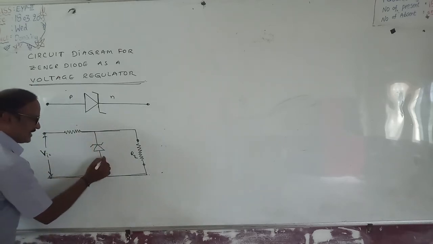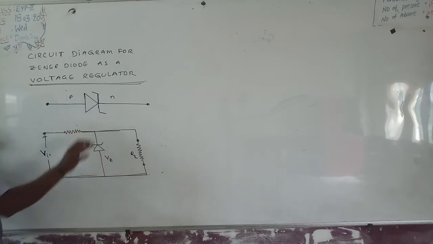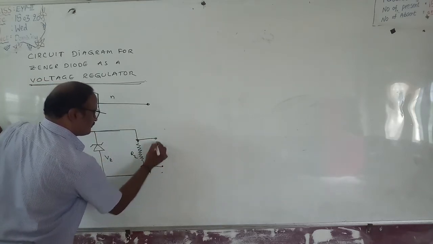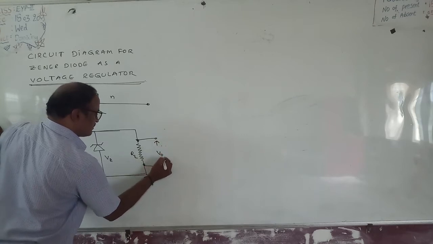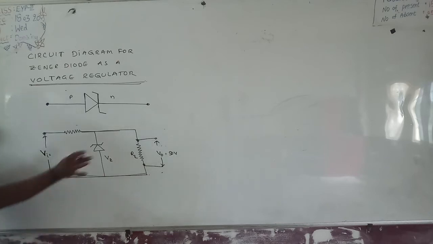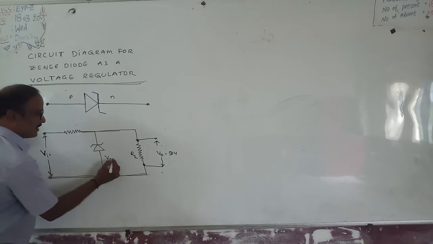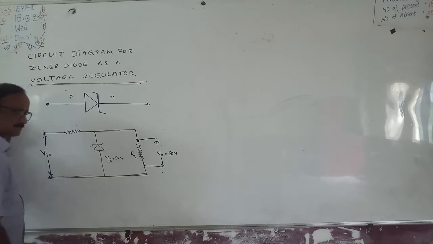Zener breakdown voltage is equal to Vz. For example, let the output across the load resistance be V naught. Suppose we have an output of 50 volts. Compulsorily, we will select a Zener diode having a breakdown of 50 volts.